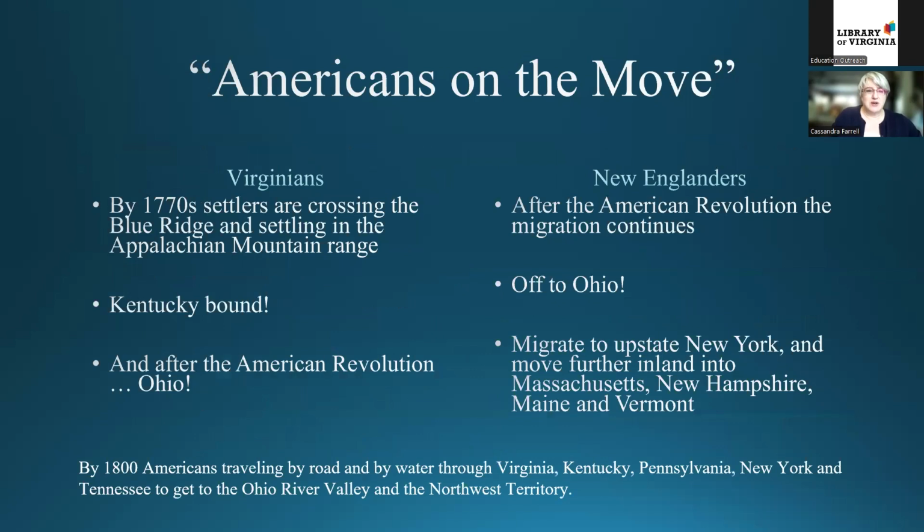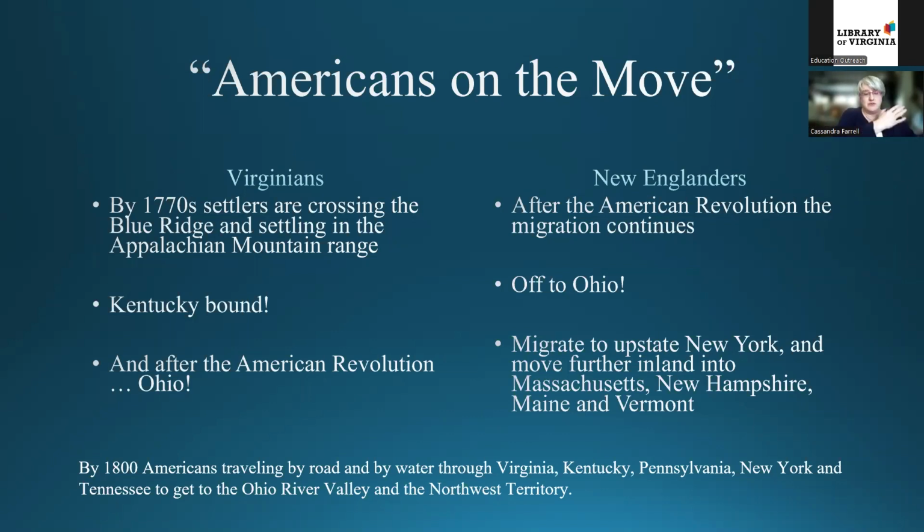So by the 1770s, Virginians are moving across the Blue Ridge. They are moving into Kentucky. Kentucky was a part of Virginia until 1792 when it became its own state.